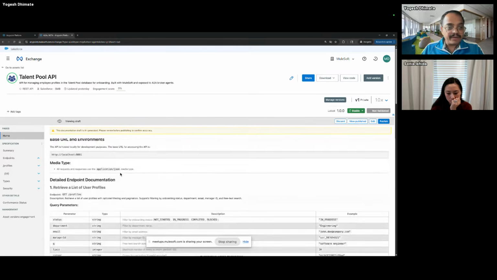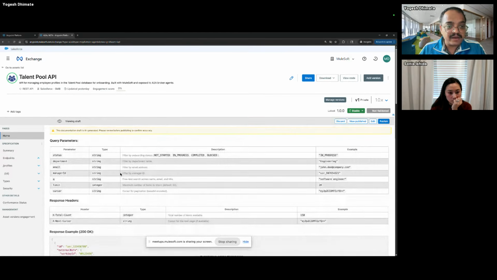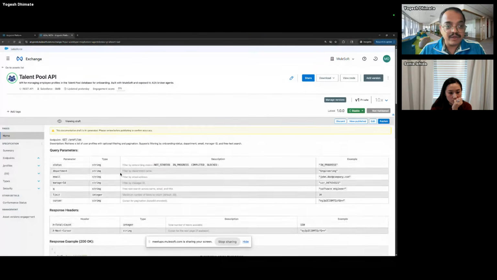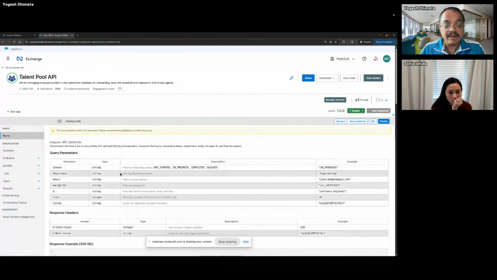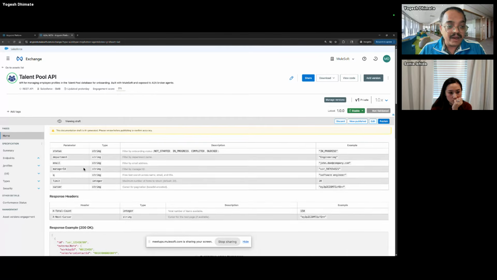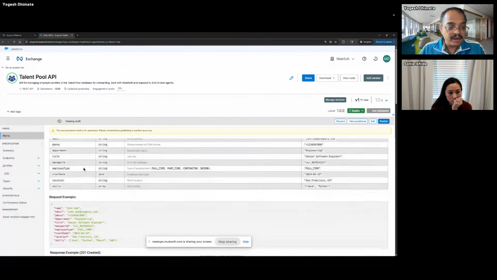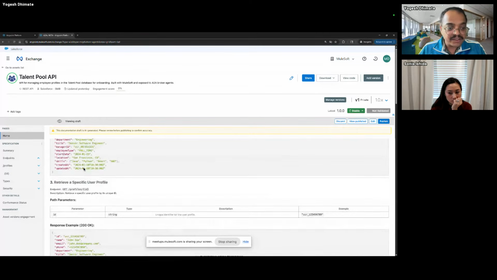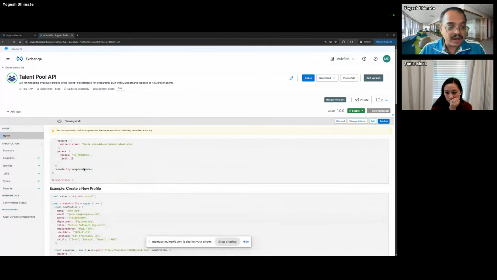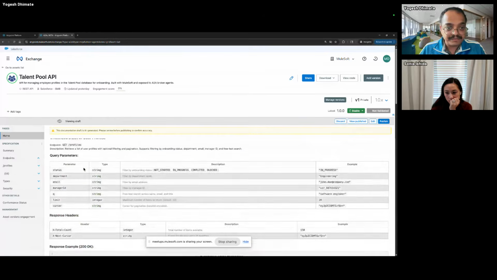This is pretty comprehensive documentation that AI has generated, which provides all the information an API consumer needs: all the query parameters, request and response examples, security constraints, etc. All of those are here in the documentation.